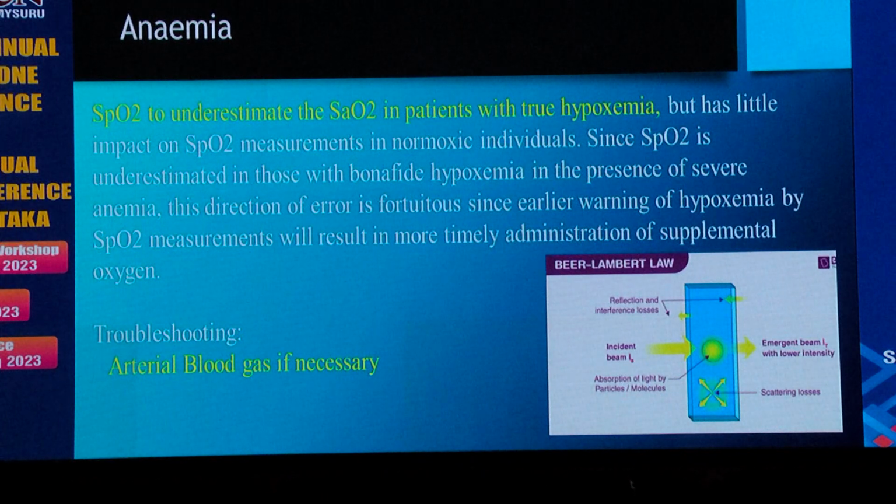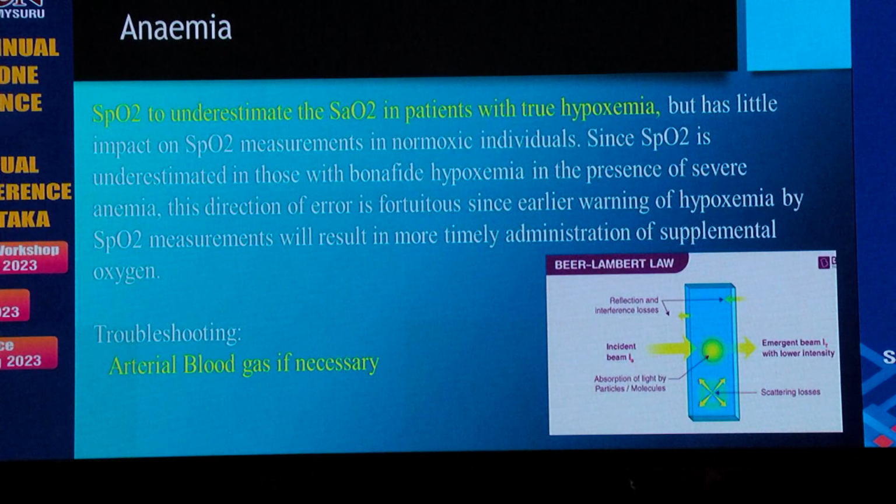This is because, based on the Beer-Lambert principle, they think that light goes straight. It will not work like that. There will be reflections and deviations. So in anemia, there will be more reflection or scattering of the light. That's why the SpO2 will be underestimated during anemia, especially in a hypoxic patient.